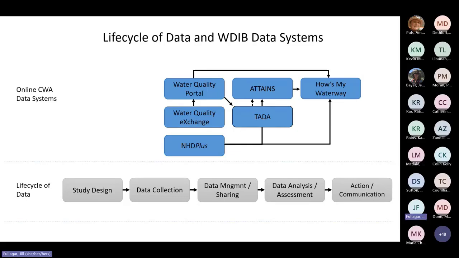So ATTAINS is, I'm not sure how many of you are familiar with that. That is EPA's database that states and territories and tribes now are using to submit their water quality assessment reports. For those that have TAS, for 303(d), that would be the impaired waters list, and the 305(b) reports that talk about the water quality status of all the waters.